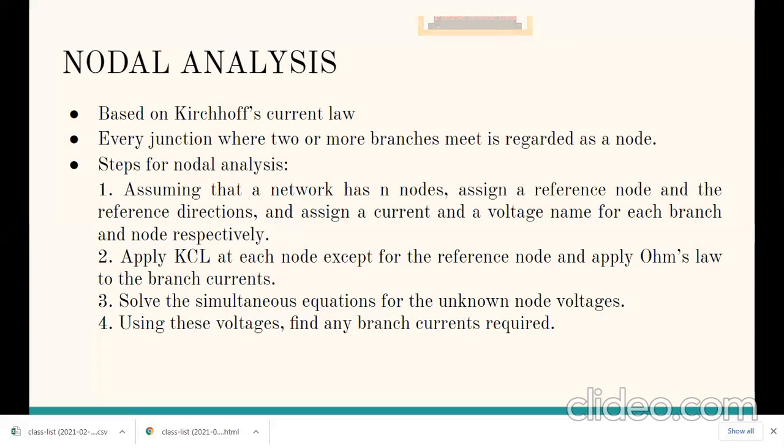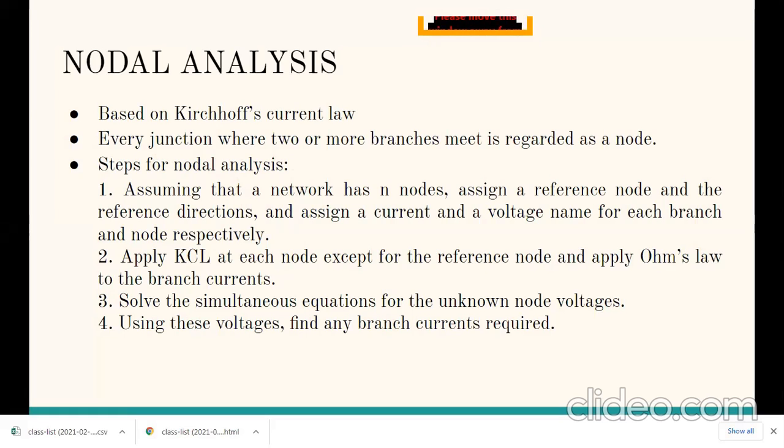It is basically finding the value of voltage of a particular node, a given node, and this nodal analysis is based on Kirchhoff's current law, that is the KCL. Now, the KCL states that the algebraic sum of all the currents at any particular node or a junction is equal to 0.